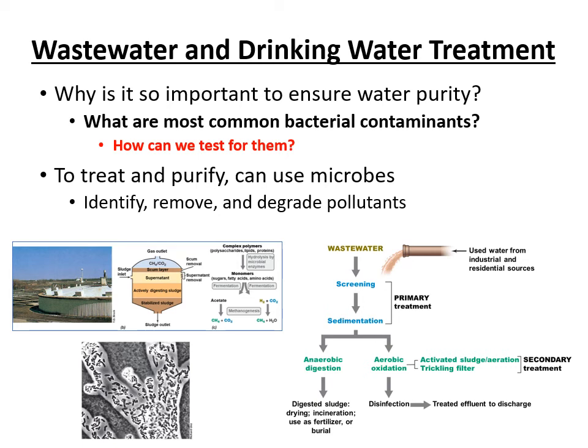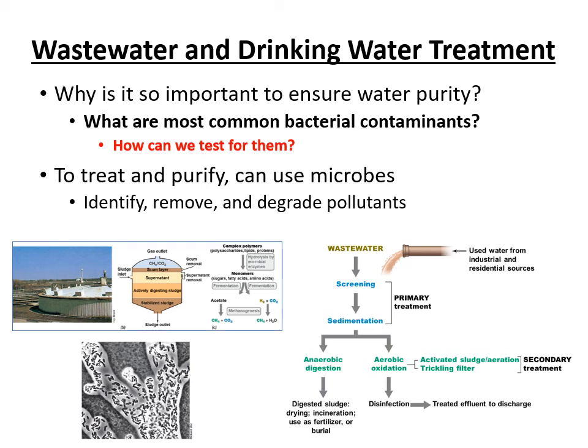Ultimately, once you know that there are purity issues, you need to treat and purify. The funny part is that you can even use microbes to treat the water. You basically use good, helpful microbes to clean it up.